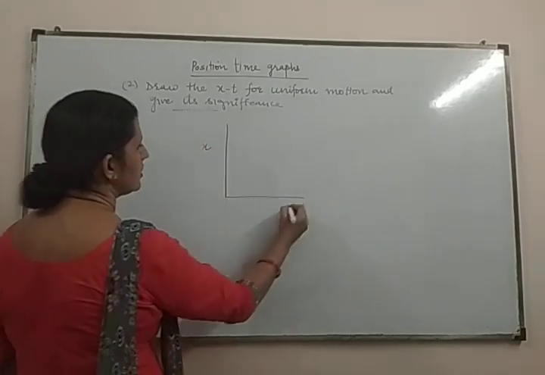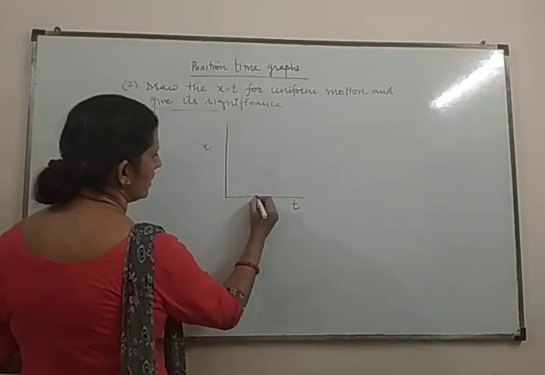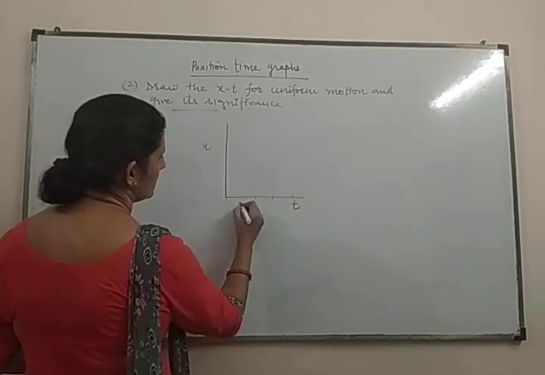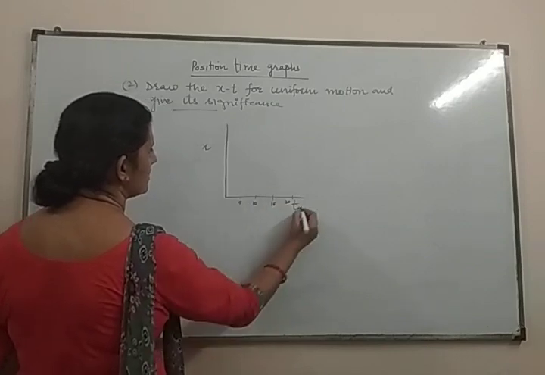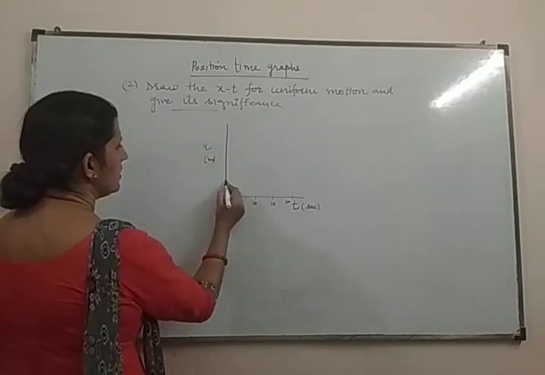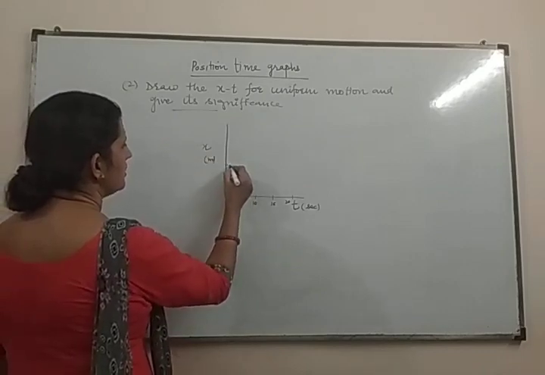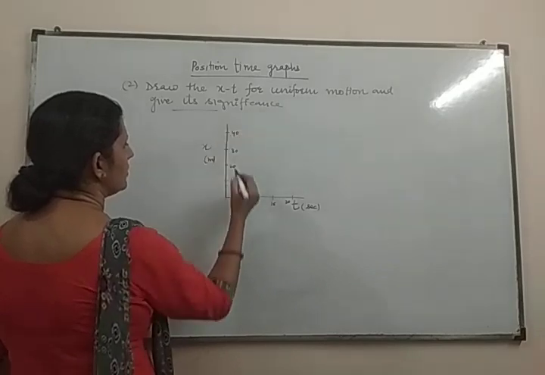This is position, this is time, and mark the time intervals. Suppose this is 5 seconds, 10 seconds, 15 seconds and 20 seconds. Time is in seconds and distance is in meters. Suppose this is 10 meters, this is 20 meters, 30 meters, 40 meters.